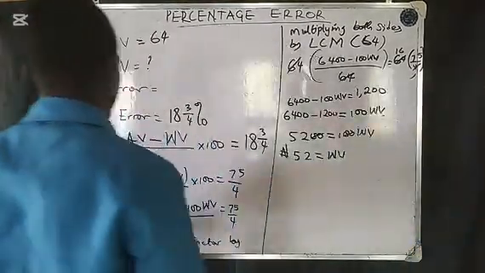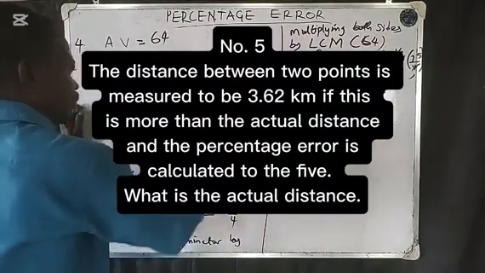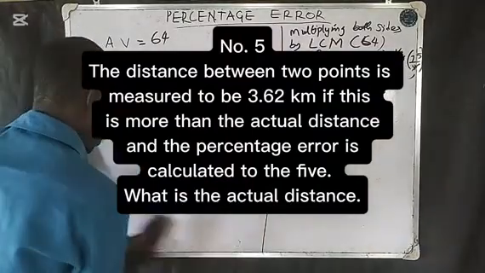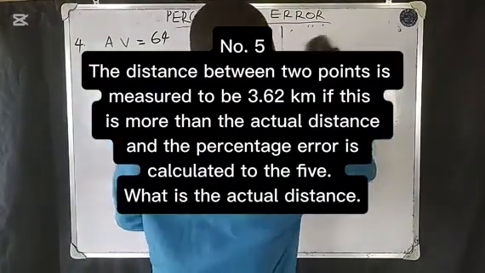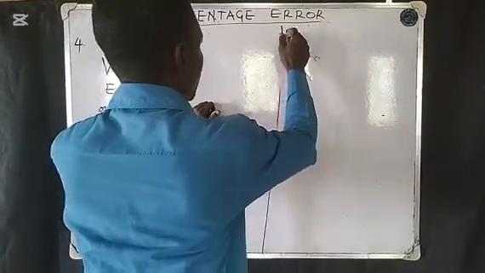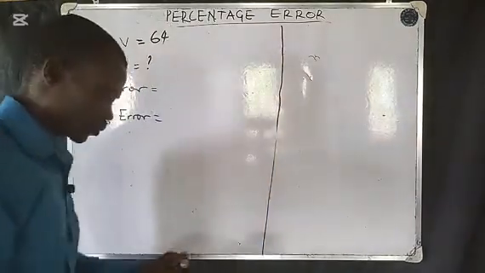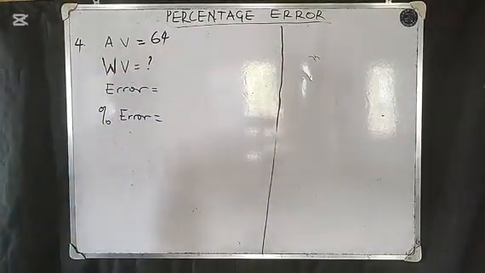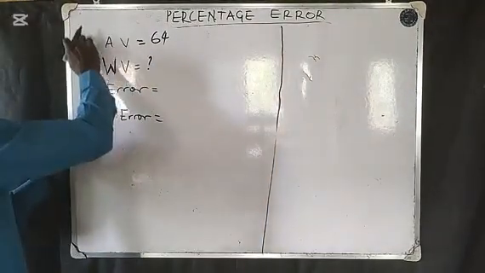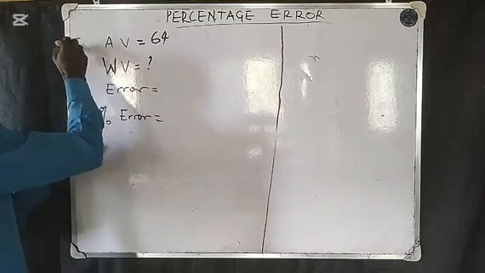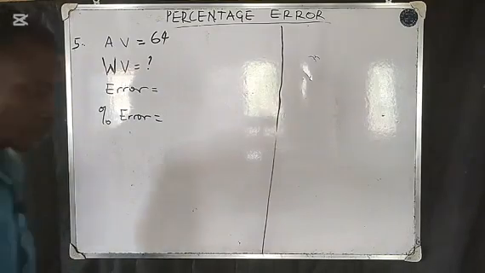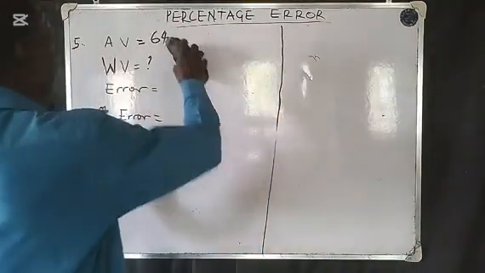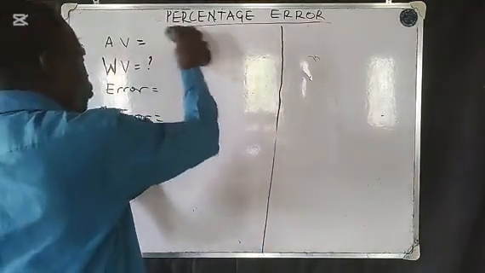Can we move to the next one? Number 5, right? The distance between 2 points is measured to be what?